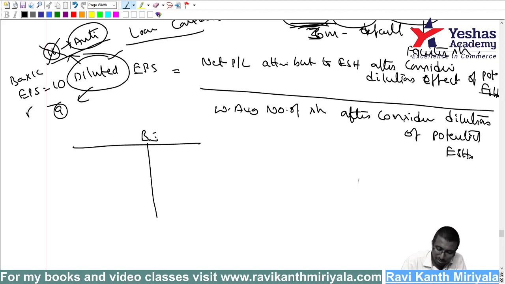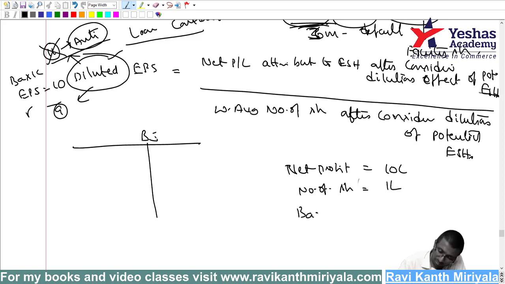Say this is one balance sheet. Say the net profit is 10 lakh. The number of shares, the weighted average shares, is 1 lakh. So basic EPS is 10 lakh divided by 1 lakh, equal to 10.